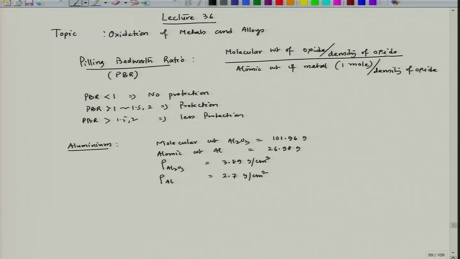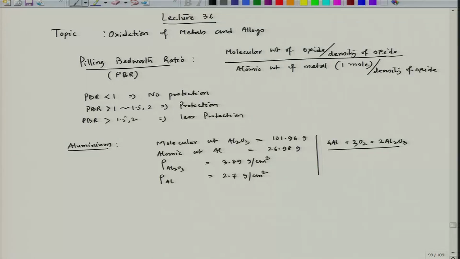Now, when aluminium is oxidized, it forms Al2O3, so we have to write the chemical reaction: Al plus 3O2 gives Al2O3. This is the balanced equation.